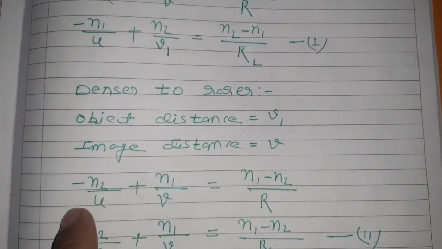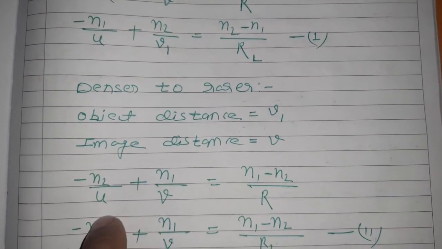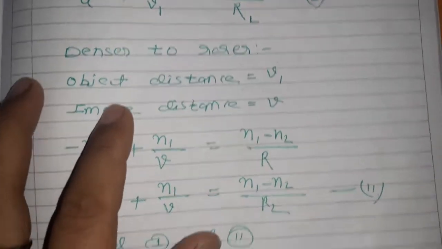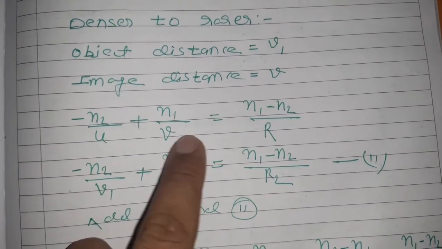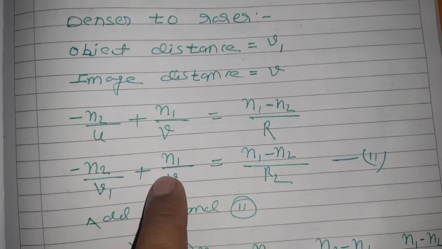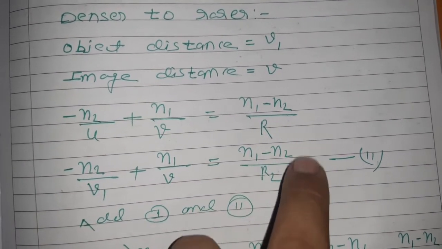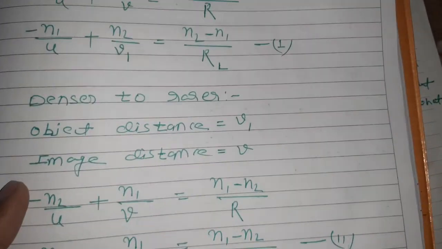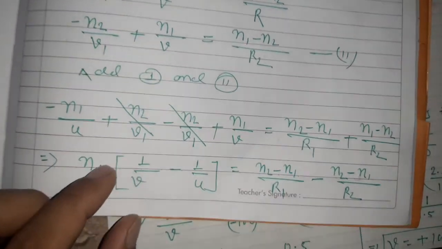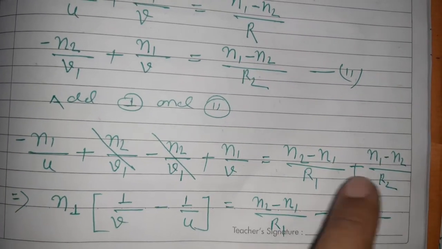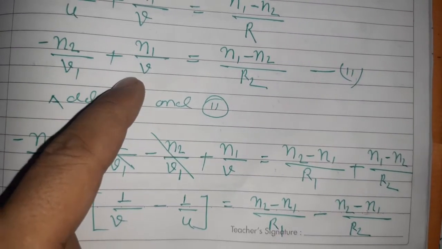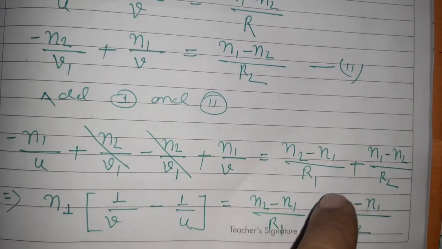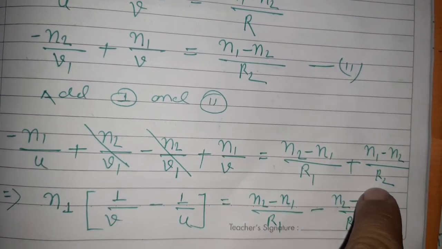Our formula becomes minus n2 upon v1 plus n1 upon v equals n1 minus n2 upon r2. By adding equation number 1 and equation number 2, we have minus n1 upon u plus n2 upon v1 minus n2 upon v1 plus n1 upon v equals n2 minus n1 upon r1 plus n1 minus n2 upon r2.